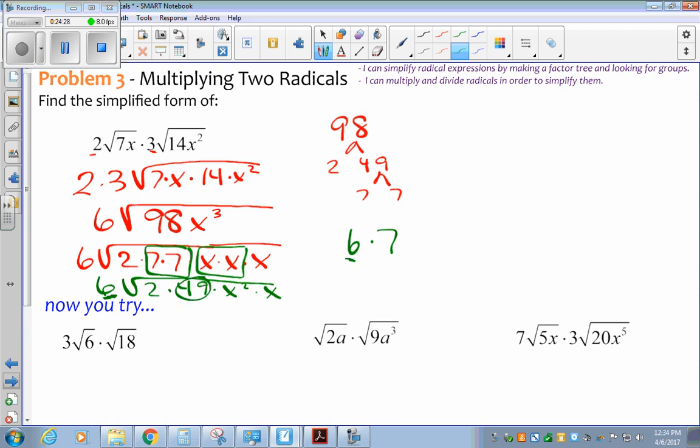X squared is a perfect square. What's the square root of x squared? X. Okay, and then the 2 and the x stay underneath. 6 times 7 is 42. Yeah. Got it. Nailed that one.